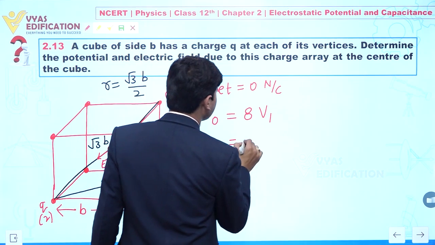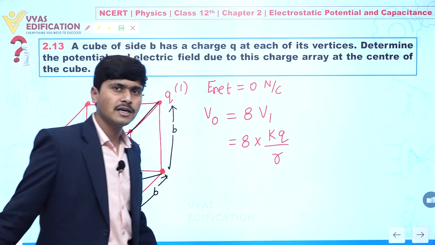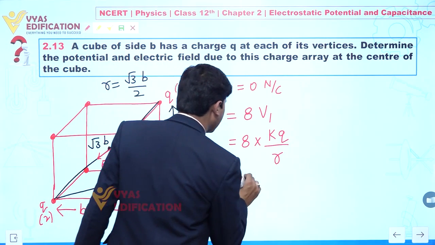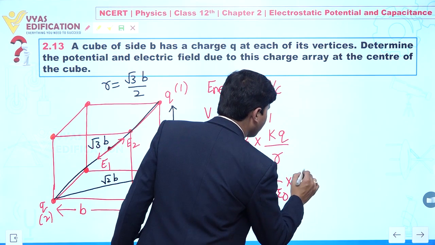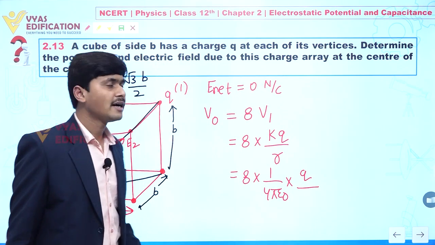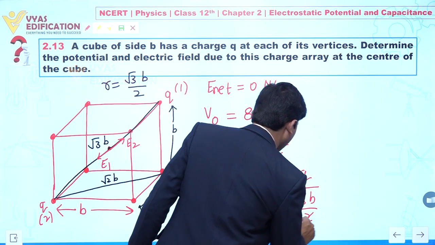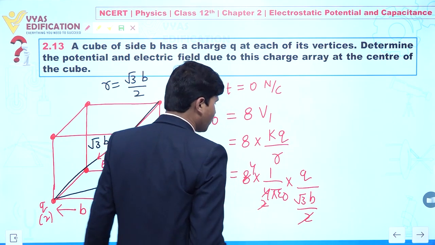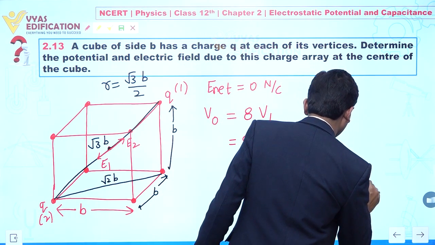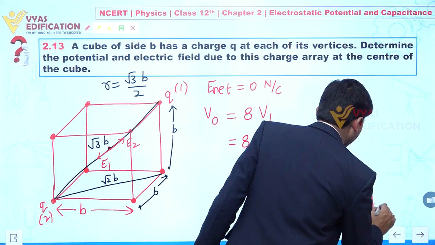So we can say this is 8 into KQ by R. Now we can say 8 into 1 upon 4 pi epsilon naught, the value of Q we have Q, and R is given, under root of 3 b by 2. From here this is 2, and this is equal to 4. So we can write 4Q divided by under root 3 pi epsilon naught b.